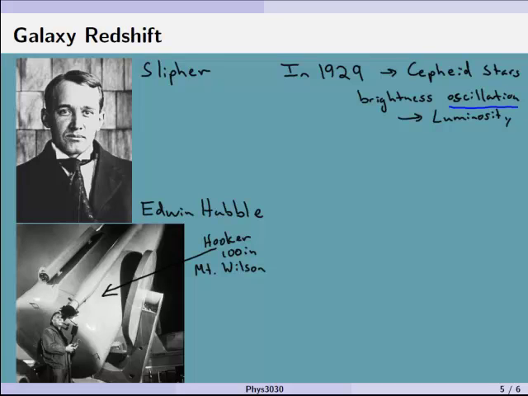And when he was observing these stars, he realized that as distance increased, the recessional velocity, the radial velocity, also increased. Okay, so a graph of this would look like this.